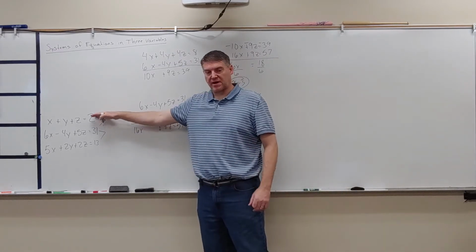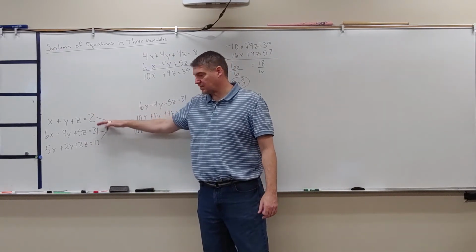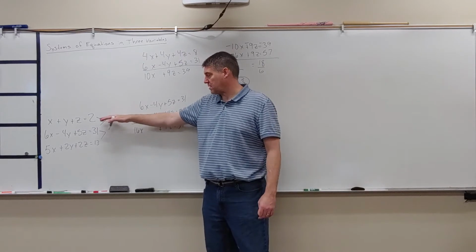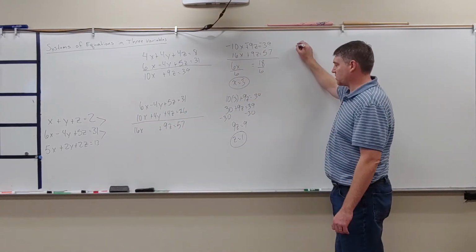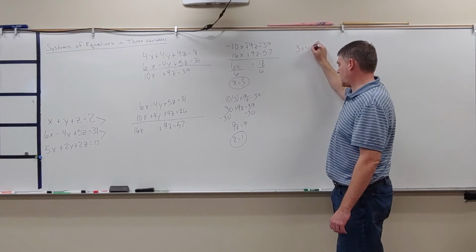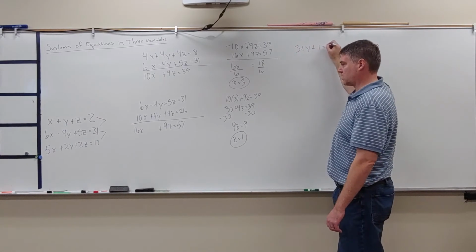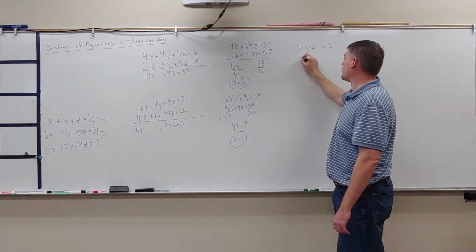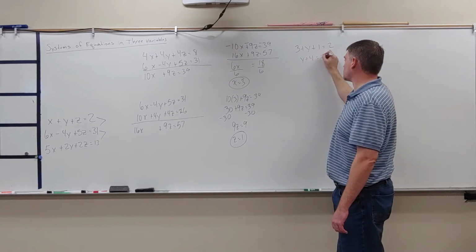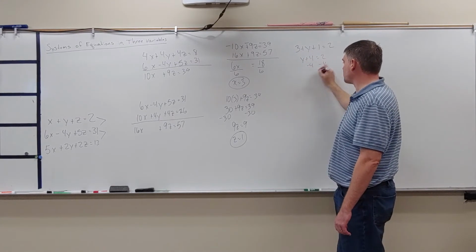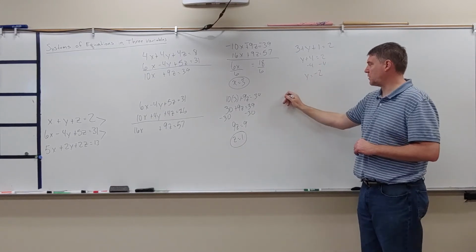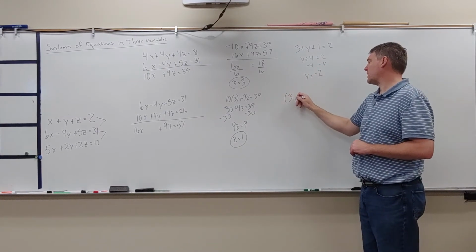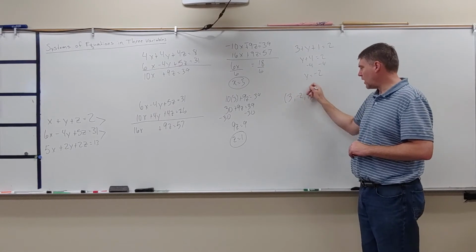I'm going to go back to my original equations. It doesn't matter which one you pick, just pick one. I'm going to pick the easier one, x plus y plus z. So 3 plus y plus 1 equals 2. So y plus 4 equals 2. Subtract off my 4. y equals negative 2. If I put this in an ordered triple, I would have 3, negative 2, 1.